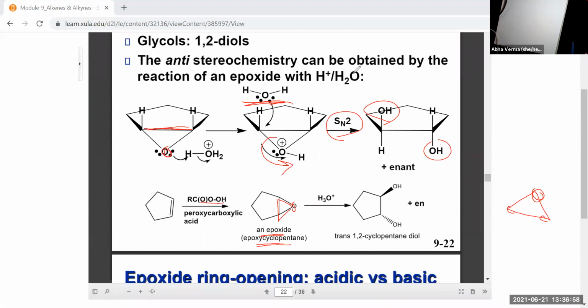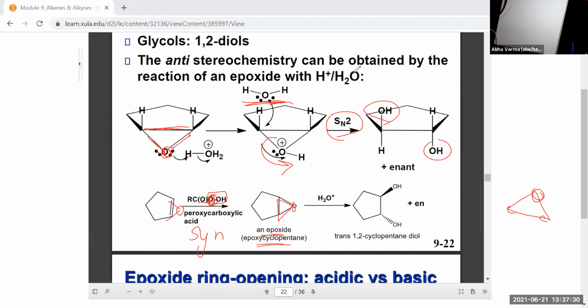And what you need is this particular peroxy kind of bond. This peroxide bond is very important for the insertion of oxygen. One of these extra oxygens will be inserted in a syn fashion, of course. The oxygen needs to be in the same direction, the same plane.